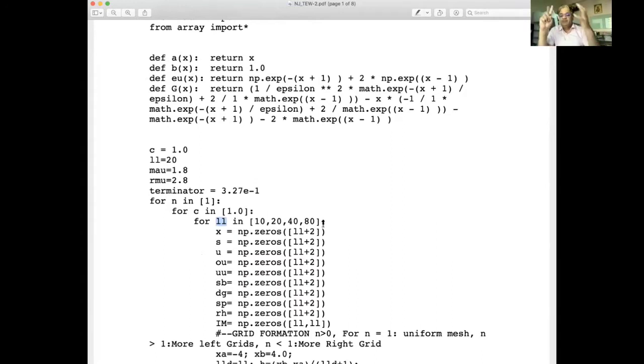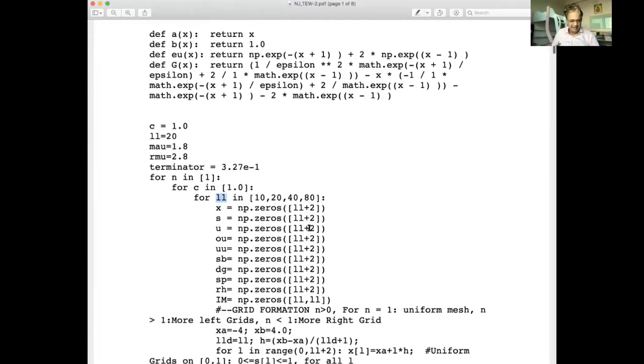For LL equal to 10, I will calculate the solution error, L infinity error and L2 error for 10 internal grid points. Then I will calculate for 20 internal grid points and compare the solutions, similarly for 40, for 80, and so on.